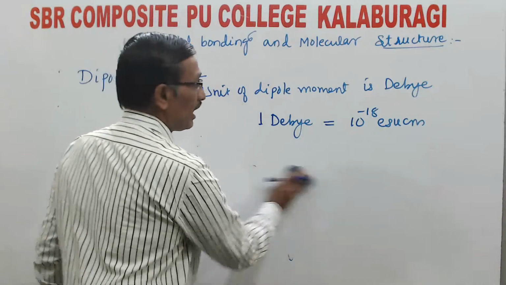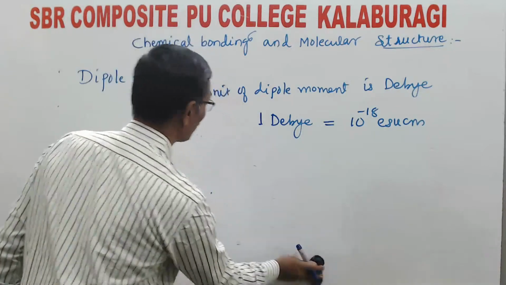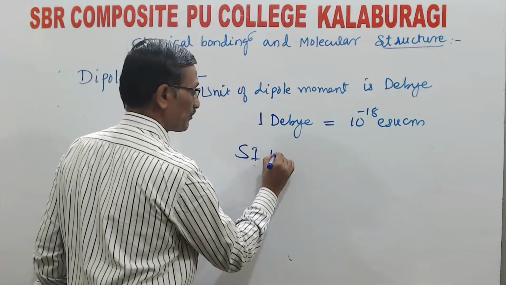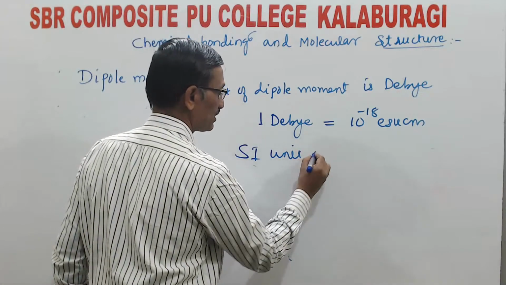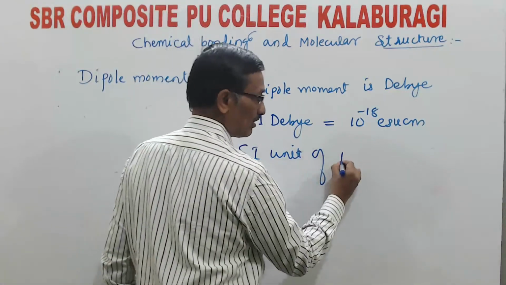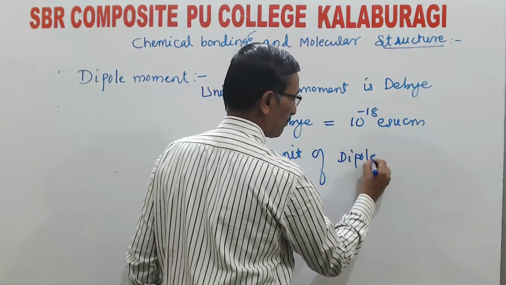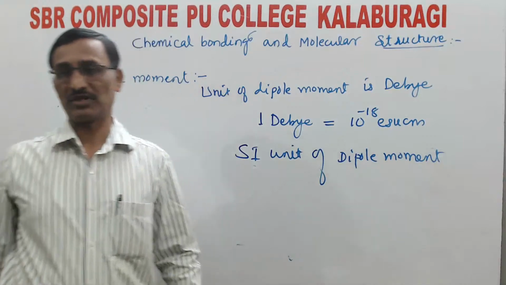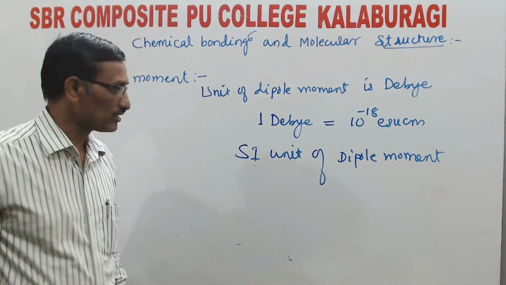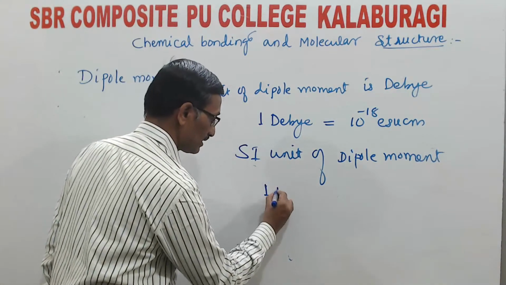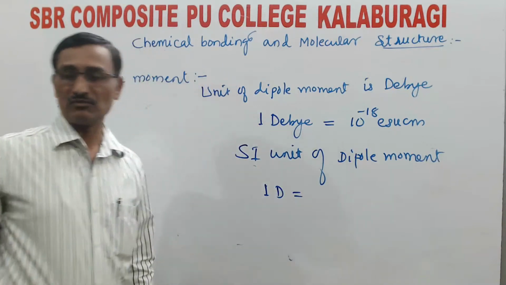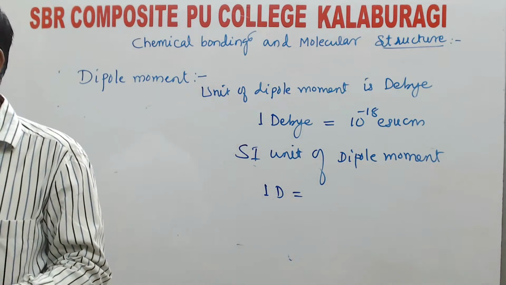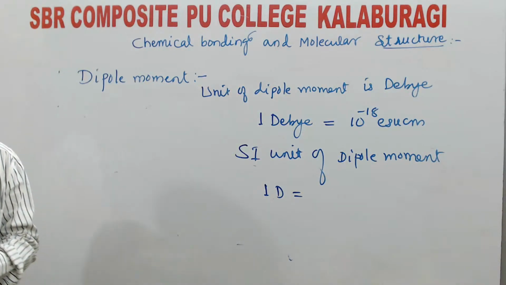Okay, now see here. The SI unit is very important. The SI unit of dipole moment: if I want to express 1 Debye in terms of coulomb meter, how much is it in the SI unit?